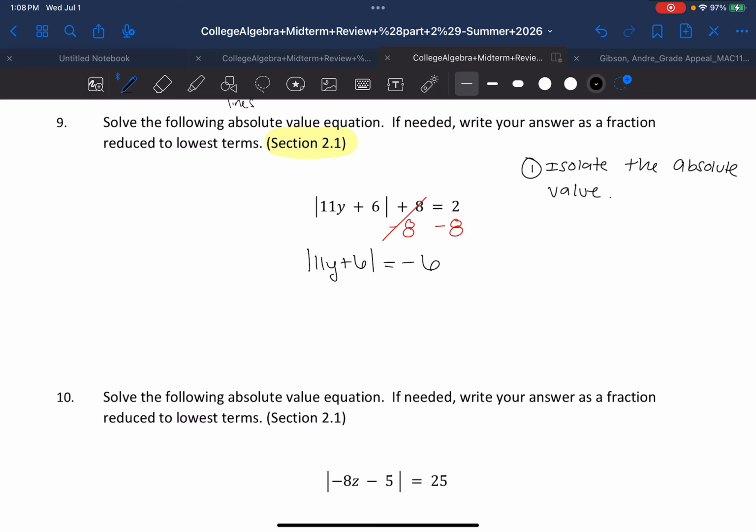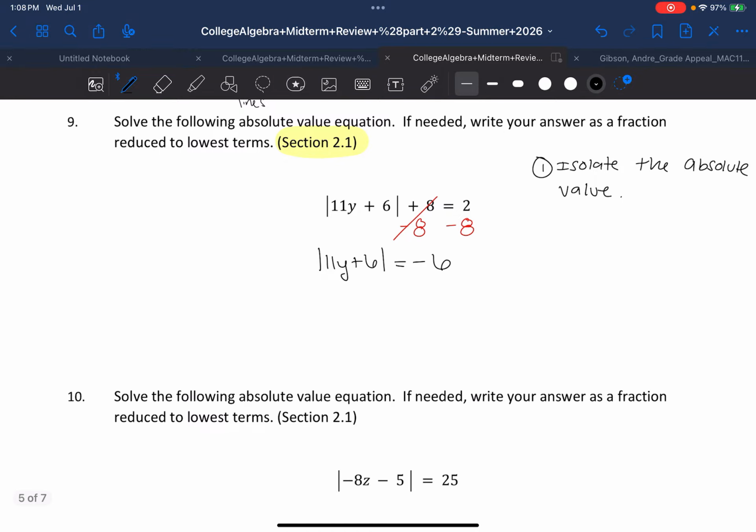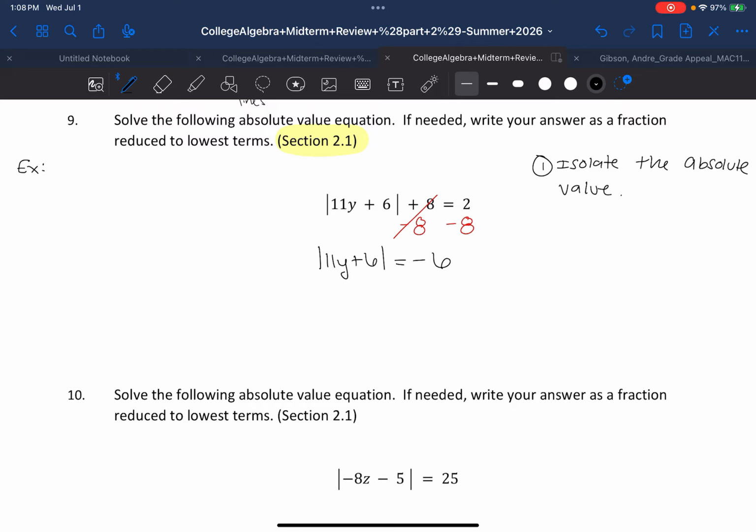So remember that the definition of an absolute value is the distance from 0. And distance can't be negative. Just a couple examples: the absolute value of a negative number, like negative 4, the distance from 0 to negative 4 is just 4.